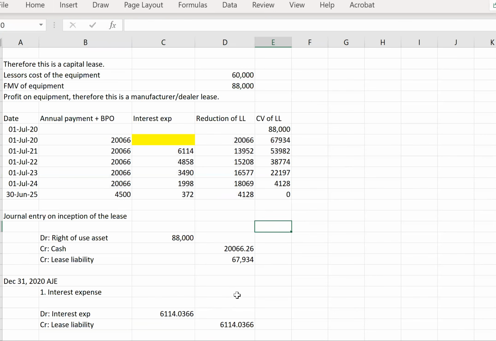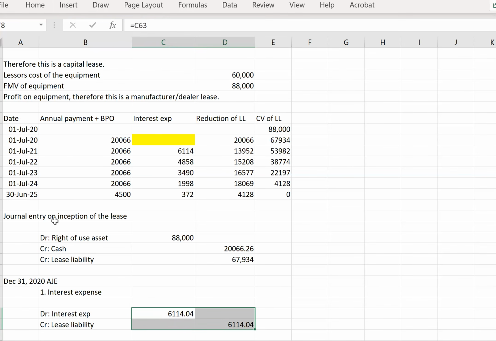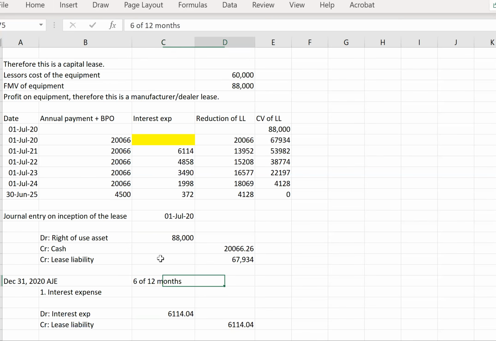Okay, so now what is the problem with this entry? Well, remember this lease was only signed on July 1st, 2020. So that means between July 1st and December 31st, we've only got July, August, September, October, November, December, 6 months. So this can only be 6 of 12 months.